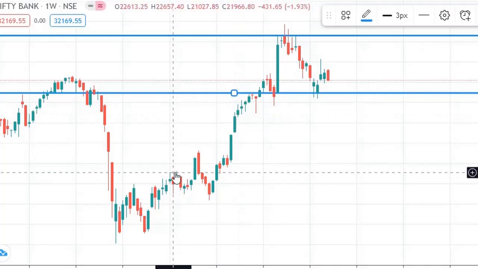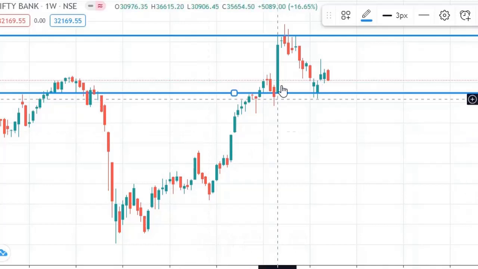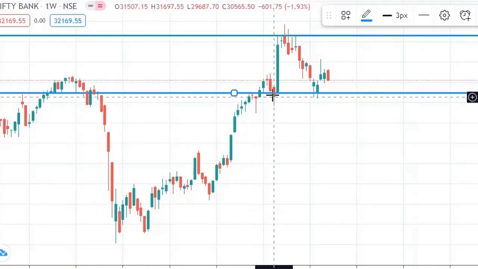Now you can see these two bars have formed. This was at the support level, so this is kind of a profit booking range. That's why it came down.